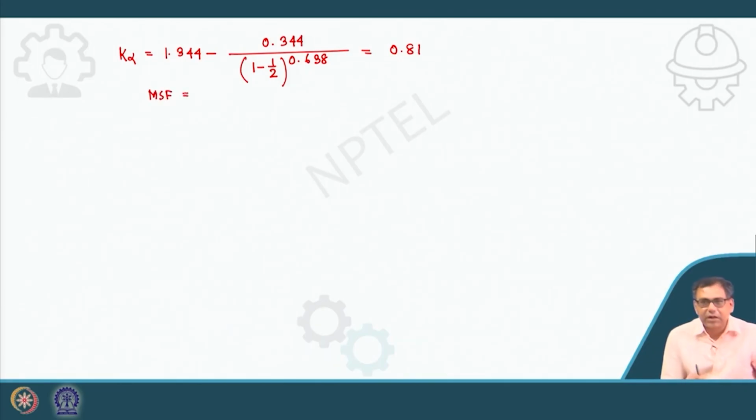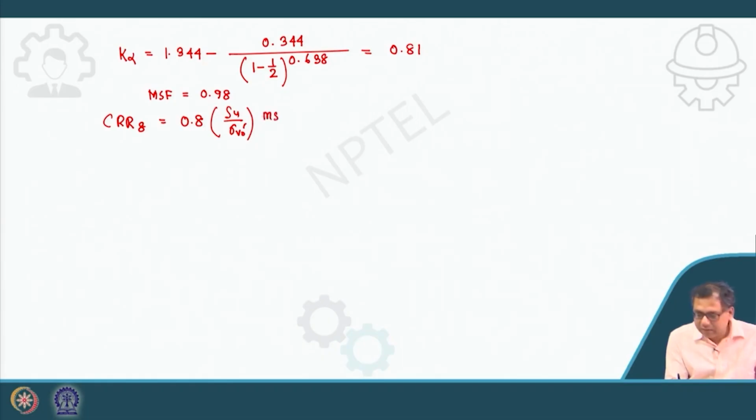that will not change whether we consider the building load or not. So for 2 meter it was 0.98, or that site itself it is 0.98. So my CRR 8, that will be 0.8, and then SU by sigma V0 dash into MSF. Now K alpha is not 1, it is 0.81, because of the presence of the shear stress, and because of the presence of the shear stress your factor of safety reduces.